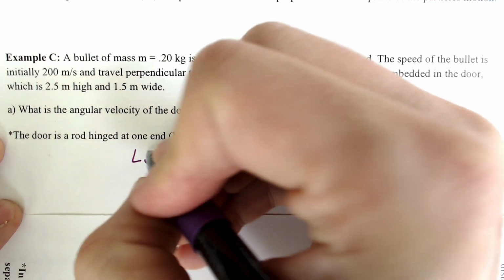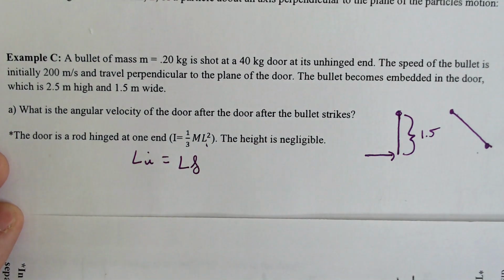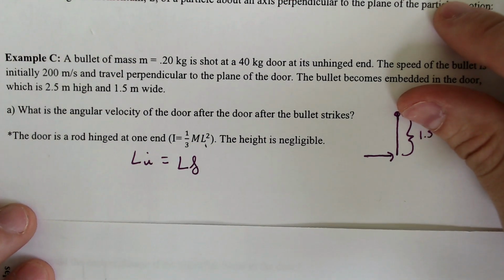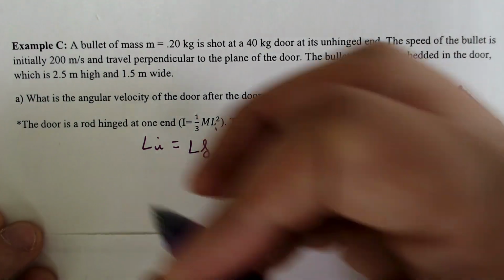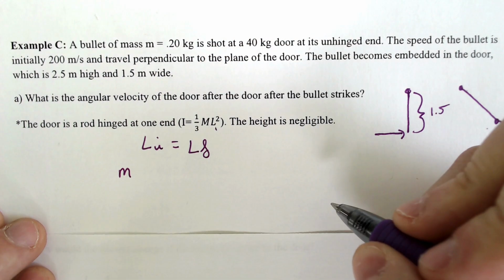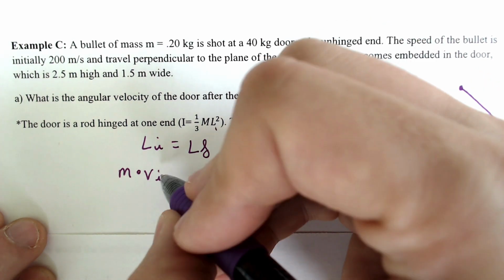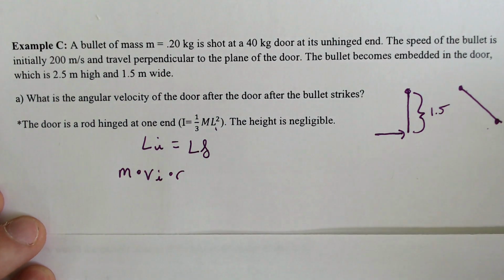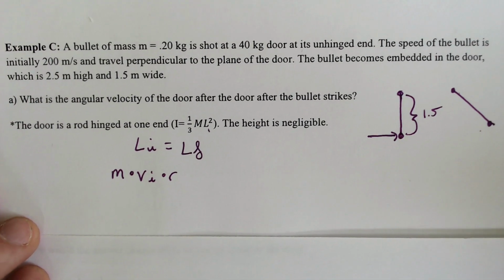The angular momentum initial must equal the angular momentum final. What is the initial? Well, the initial is the bullet and what the bullet is doing. The bullet has a mass times its velocity times the radius, because it is going to be hitting the door probably at the end. I think it tells us where it hits.